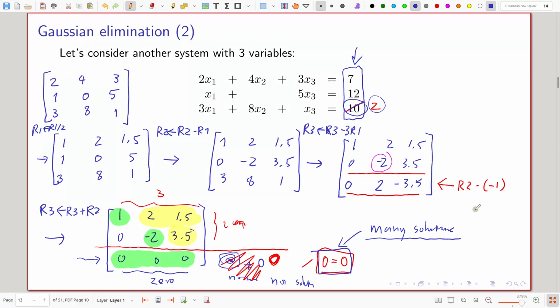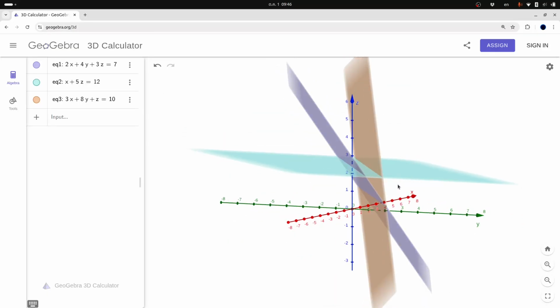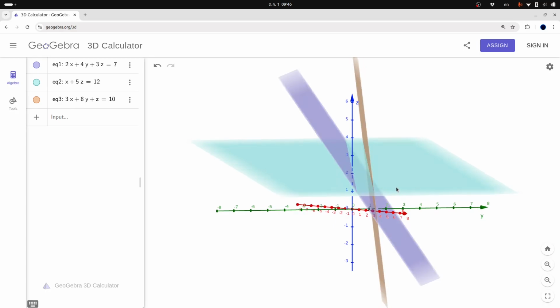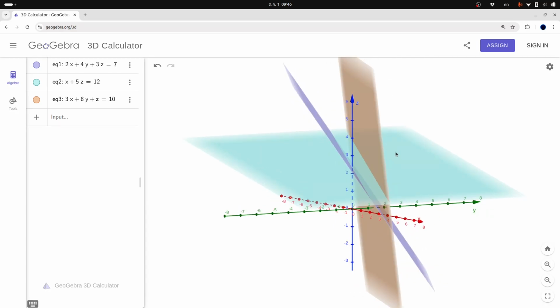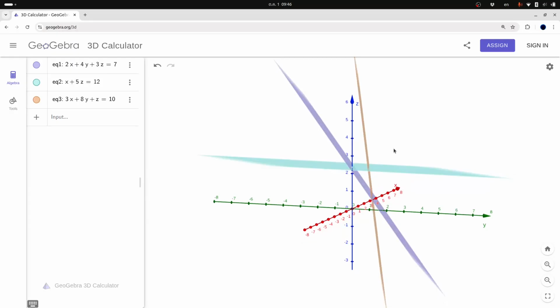When you plot it in GeoGebra, let me show you quickly how it looks. Okay, here I draw all the equations as planes, right? You can see that I have 3 equations, and somehow the third equation, if you look at this, is in parallel, right?